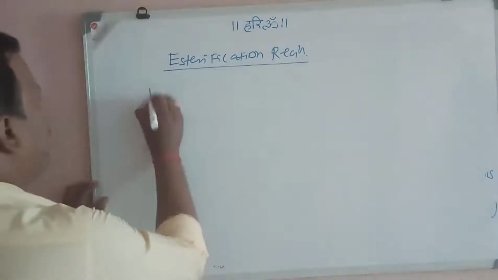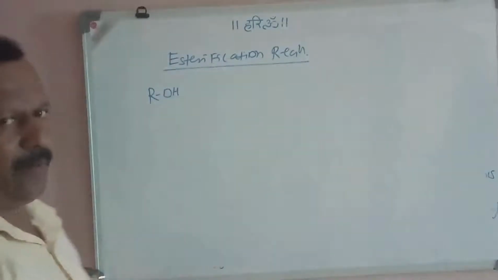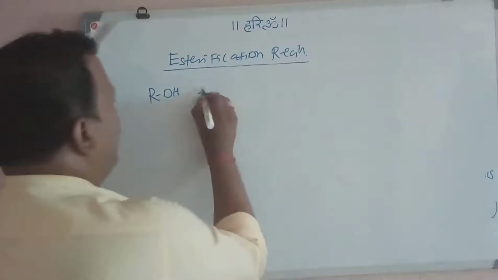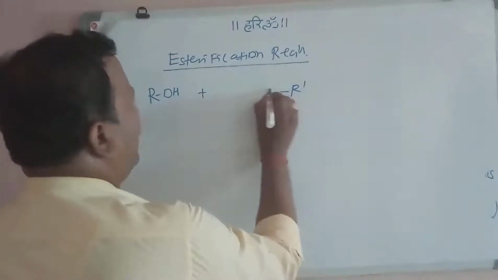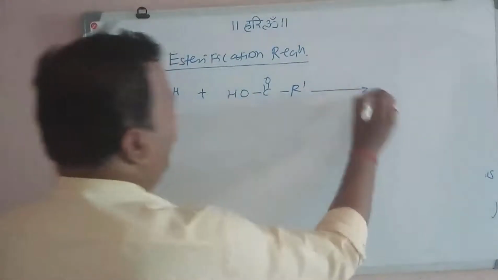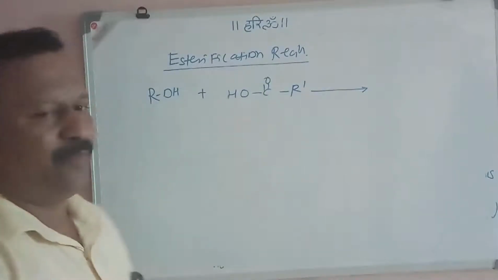For example, suppose alcohol, any alcohol like primary, secondary or tertiary, that is ROH, where R is the alkyl group, is reacted with carboxylic acid, R'COOH. Then dehydration takes place, removal of H2O, the water molecule.